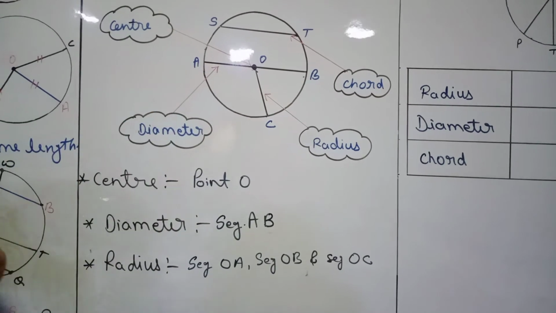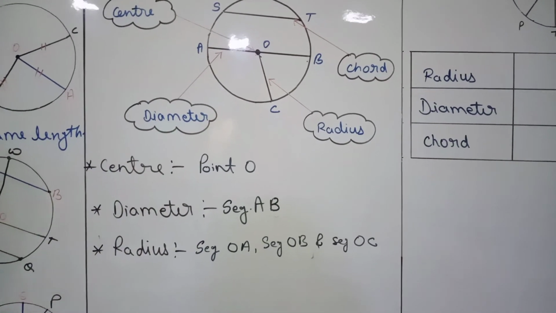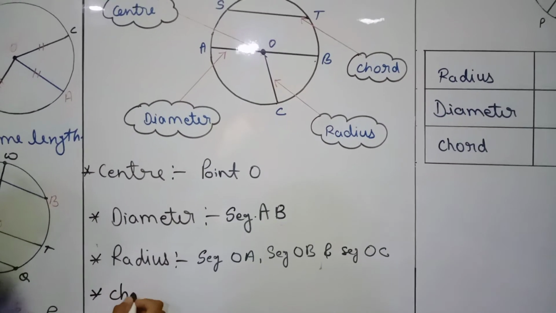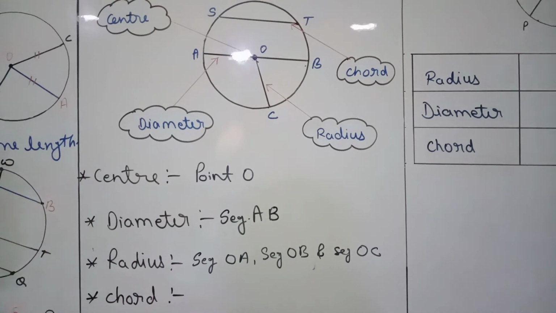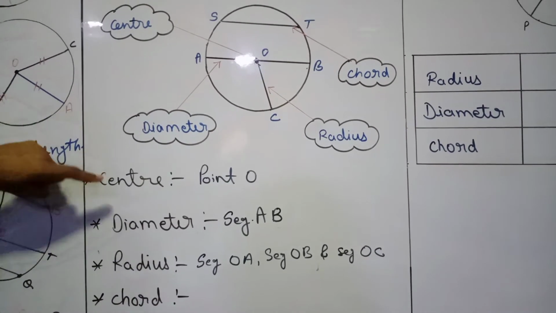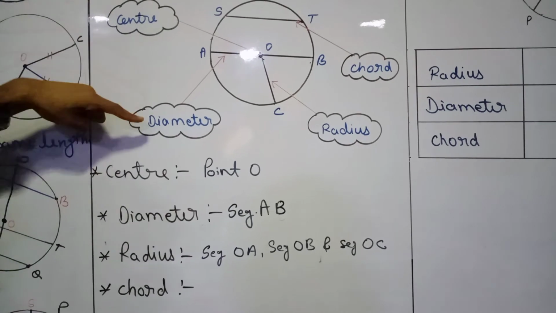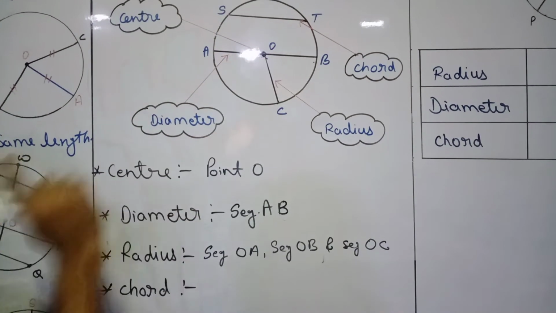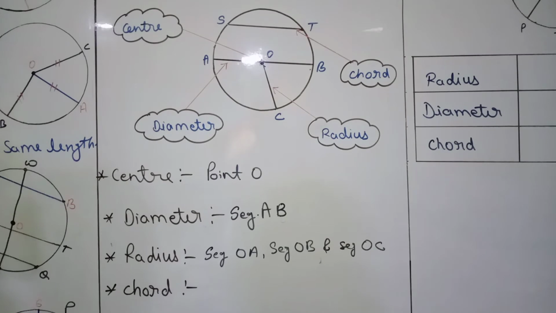The next one, if you want to write chord. What is the chord of a circle? A line segment joining 2 various points on the circle, that is called the chord.